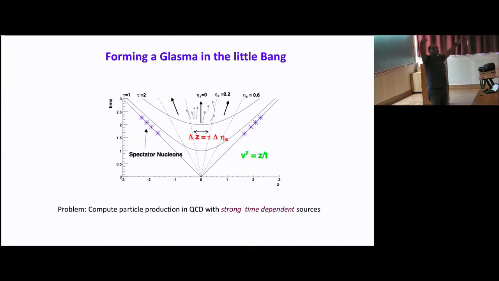In fact, if you look at the ratio of antibaryons to baryons in the central region of the heavy ion collision at the LHC, it's close to 1. Like in the early universe, it's very close to 1, while most of the baryon number is at the edges. So this picture is well reproduced at very high energies in heavy ion collisions. All the baryon matter, all the valence degrees of freedom, go here.